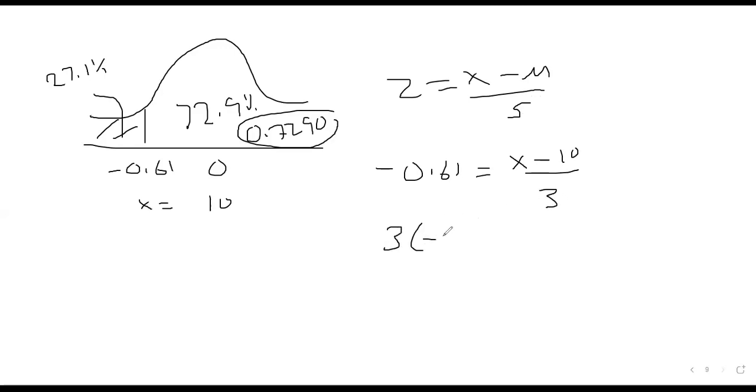So we cross multiply. So our x will be what? 10 plus 3 times 0.61. What do we get as the final answer of x? It's a negative.